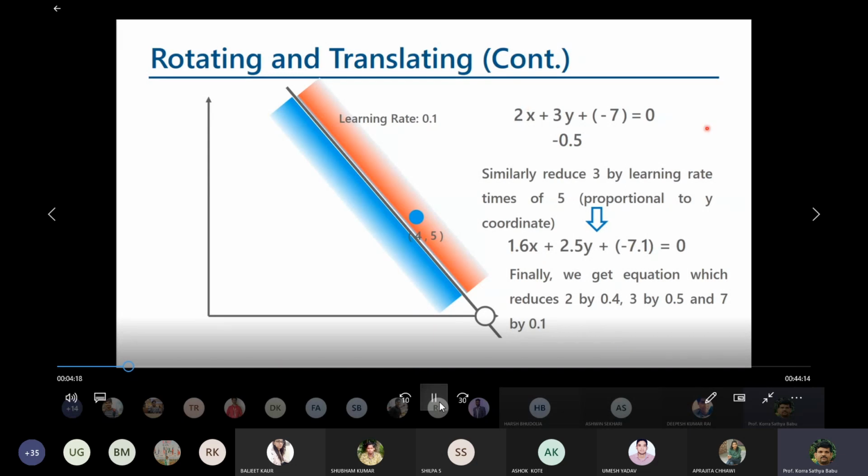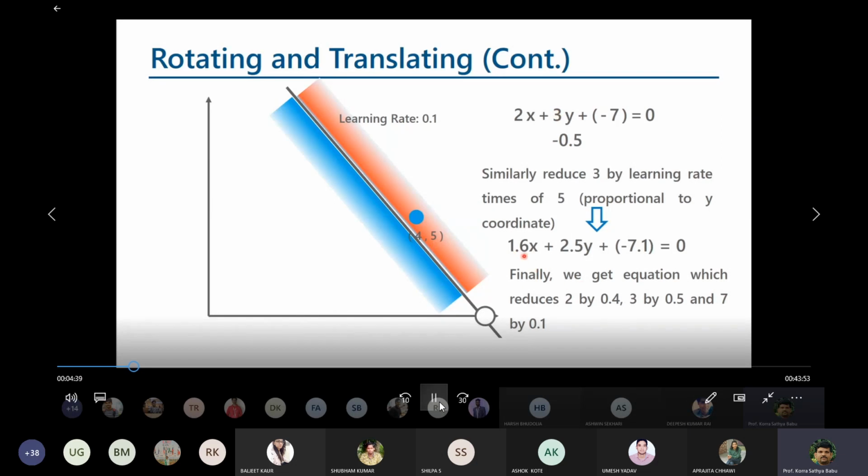So if you do this particular equation, now it turns out like this: 2 is reduced by learning rate into 4, and 3 is reduced by learning rate into 5.